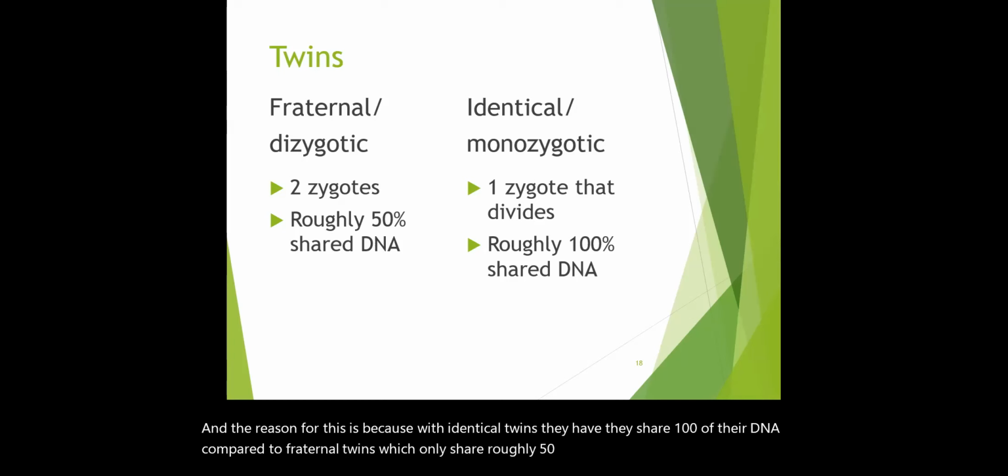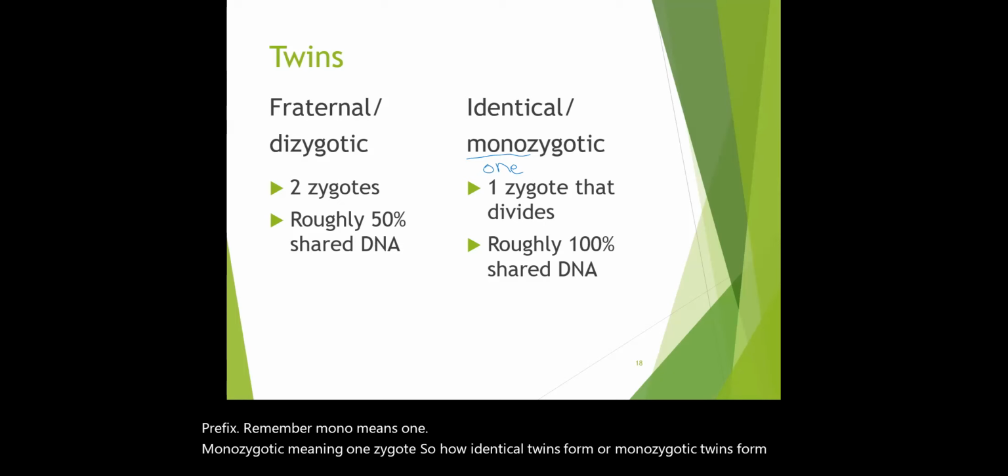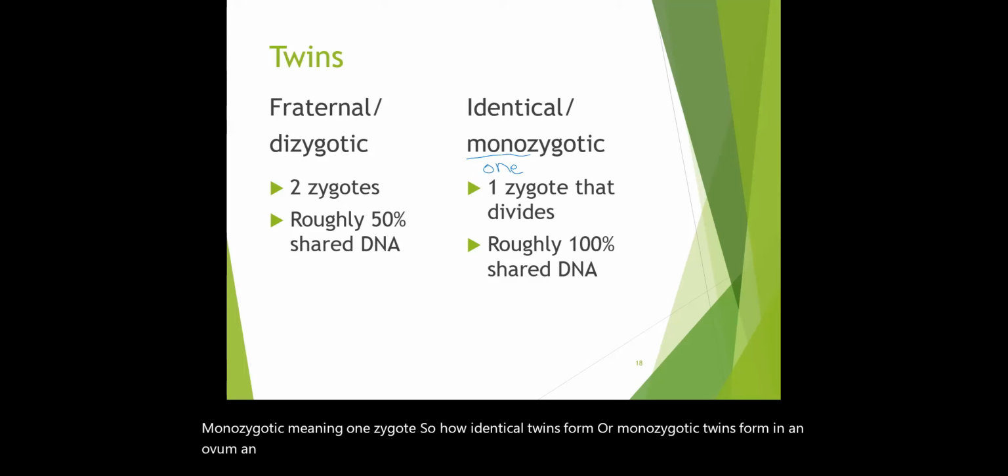So with identical twins, or what is more technically known as monozygotic twins, you might recognize that mono prefix. Remember, mono means one, monozygotic meaning one zygote. So how identical twins form: an ovum, an egg cell, is released. It is then fertilized by a sperm cell.